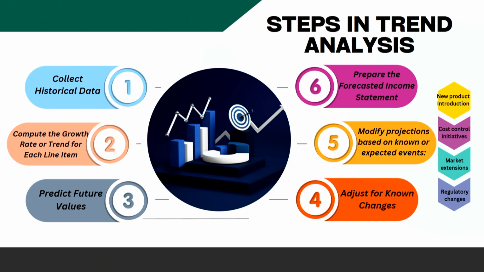So if there is any additional information related to the future state of affairs, that is expected to be incorporated while coming out with the final forecasted figure. Then in step 5, modify projections based on known or expected events. As I said, first we consider, then we incorporate, then we make all possible changes as per the information available or given.